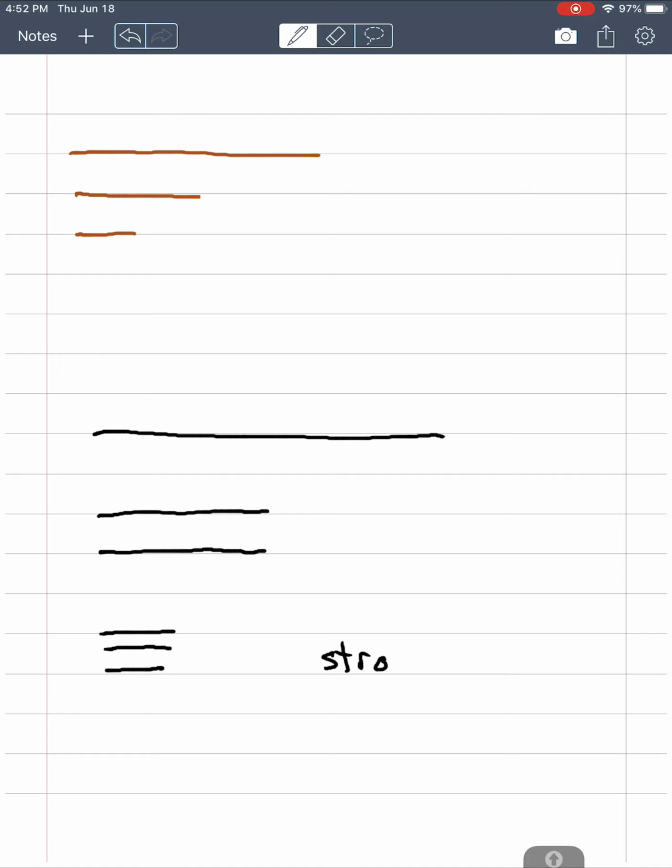This is strongest. This is weakest. And this is intermediate. And that would be double, single, and triple bonds.